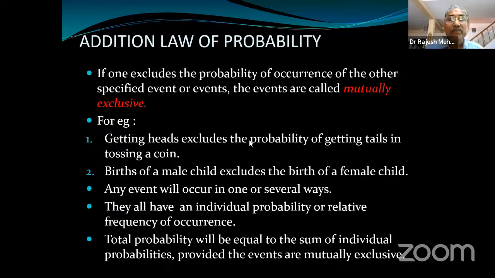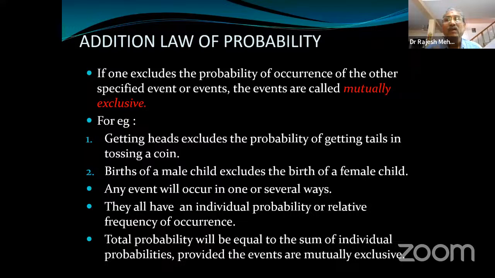Now, the addition law of probability you can apply when mutually exclusive events are occurring. For example, when you are tossing a coin, you will have either head or tail. So they are mutually exclusive. Both cannot occur simultaneously. Or birth of a male child or birth of a female child. In this case, this or that. So these are examples of mutually exclusive events.